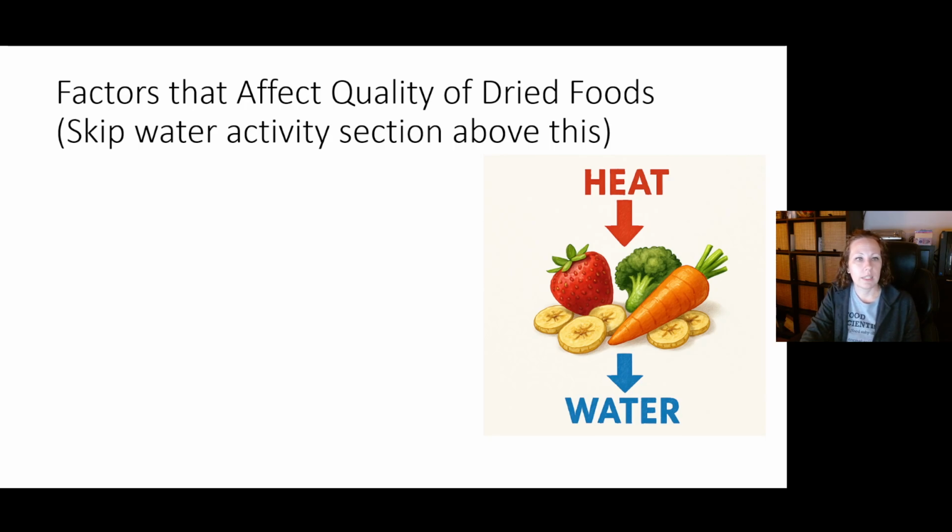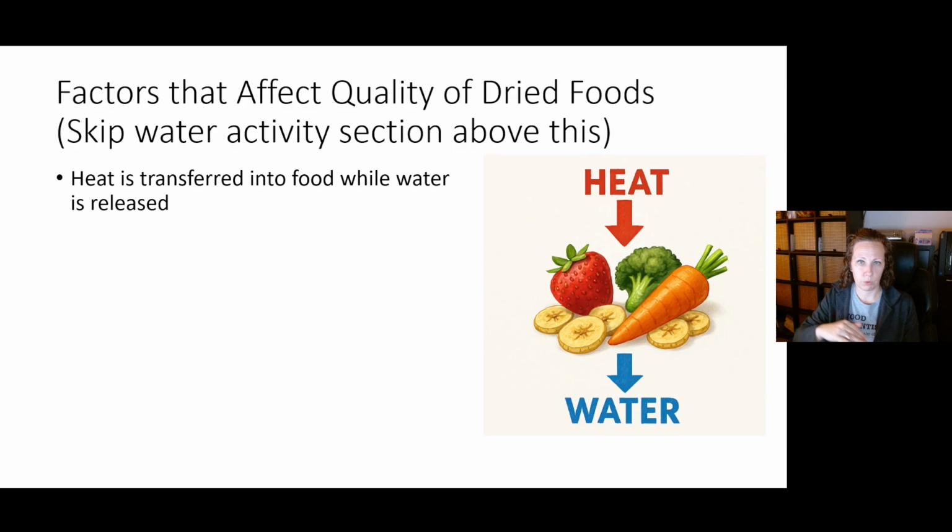So we're going to skip the section that is right before this one, and that's about water activity. We're going to skip that and focus on the factors that affect the quality of dried foods. And so what we have to understand about the dehydration process is that heat is transferred into food and that causes the water to be released.